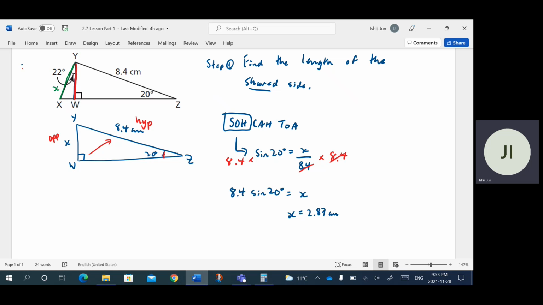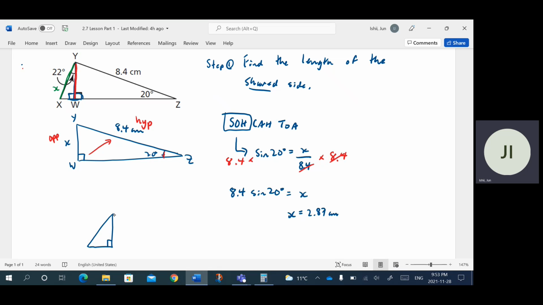Now we should actually be able to find the length of YX. So I'm just going to draw the smaller triangle with the information we know. The other thing is this is a line, right? So if this is 90 degrees, this other angle must also be 90 degrees because angles on a line add up to 180. So we can assume that that angle there is 90 degrees.